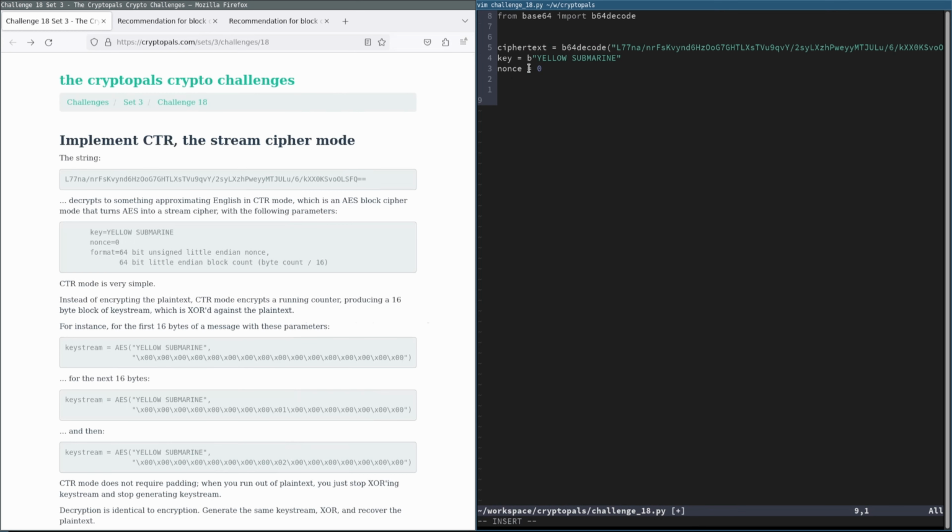Now, one thing I do have to call out here is that in any real API, you will see the nonce handled as bytes rather than as a number. Because when you handle it as bytes, you don't need to worry about endianness, which you can see we have specified here. However, because the problem statement has specified endianness, I'm choosing to write this code using integers, even though otherwise I wouldn't.